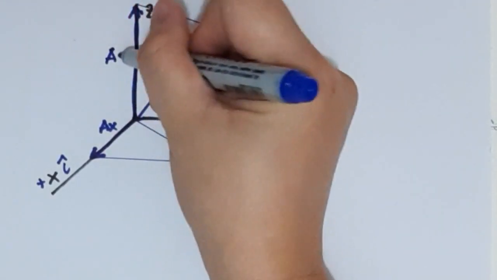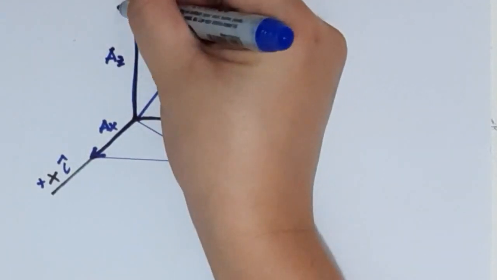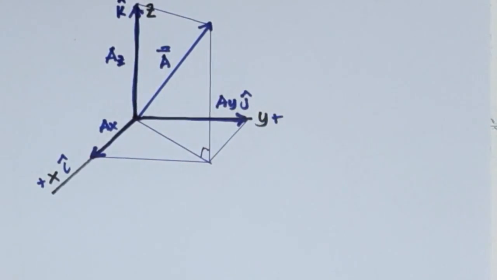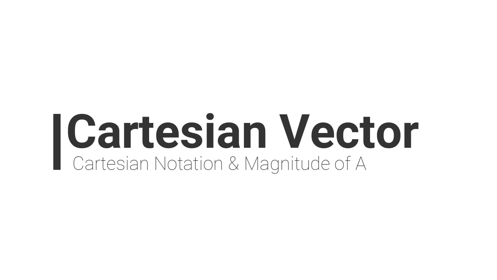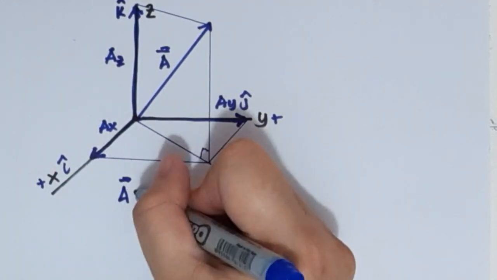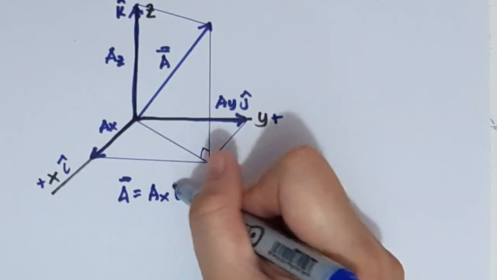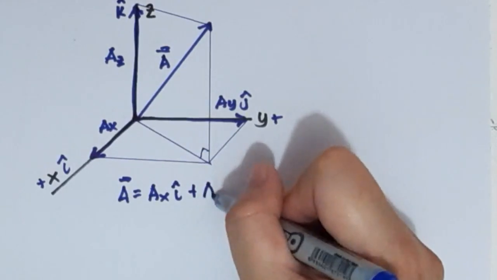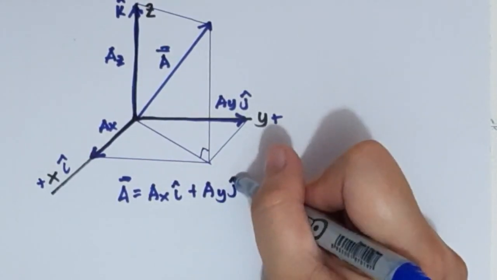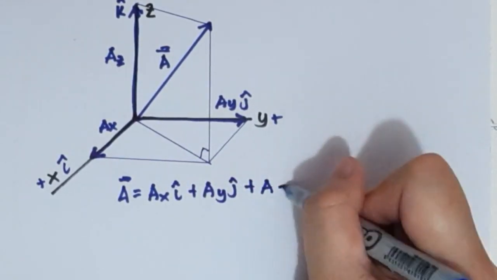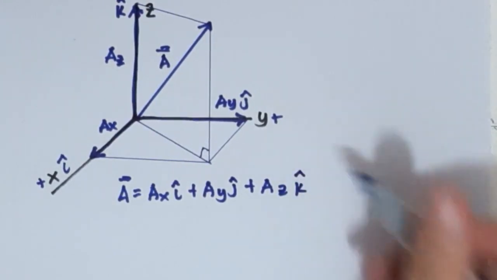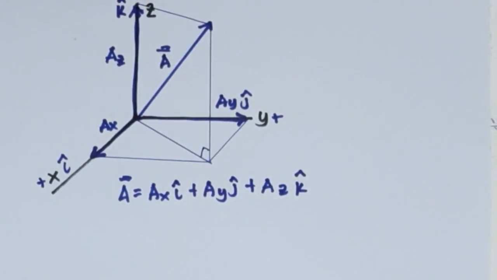So we will call this az, and the direction is k hat. So that is how to write our vector. It means my vector A can be written as ax i hat plus ay j hat plus az k hat as a Cartesian vector.